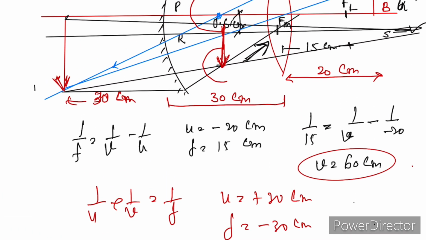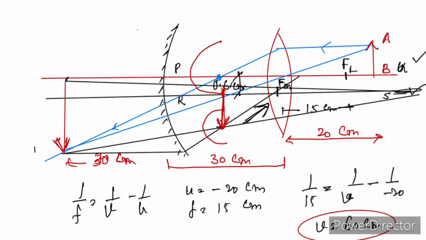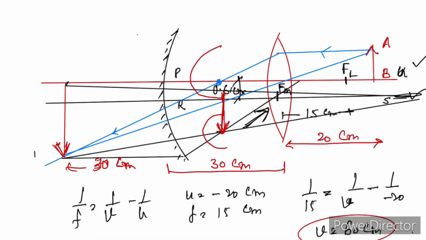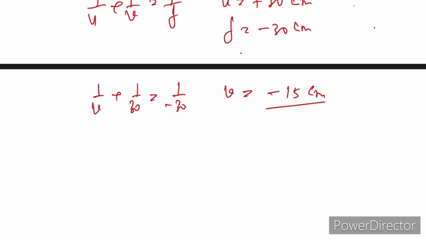So naturally it is on the right side of the mirror, and we have correctly drawn because it is coming just between the lens and mirror, and this distance is 15 centimeter. So our figure is correct. Now, let us see the magnification part.